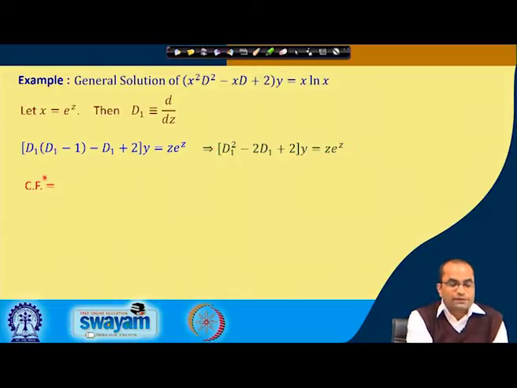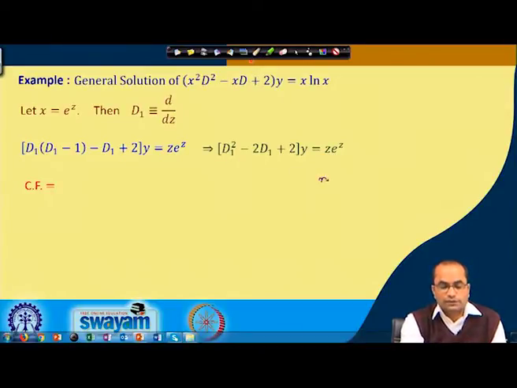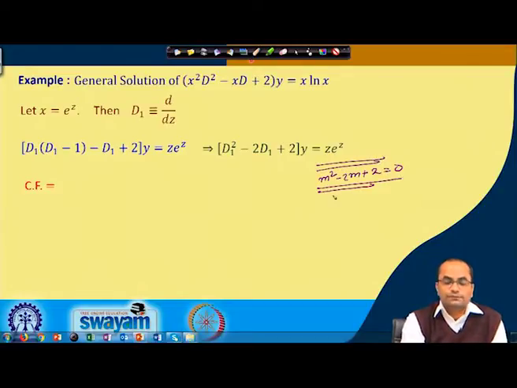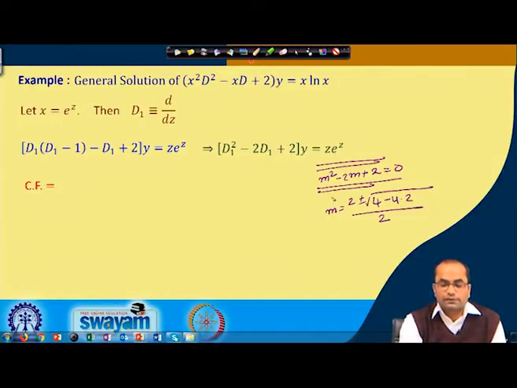So, for the complementary function of this equation, we need to write down the auxiliary equation, that will be m² − 2m + 2 = 0. The roots will be (−b ± √(b² − 4ac))/2a.